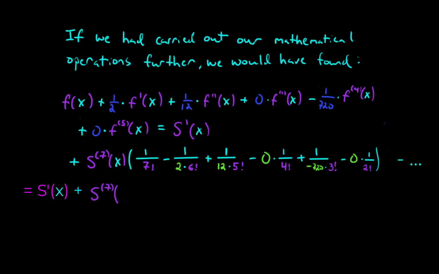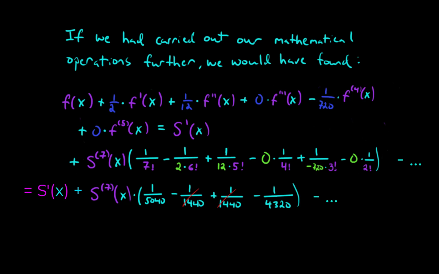So then when we unpack this, this will equal S prime of x plus S7 of x times, open parenthesis, 1 over 5,040 minus 1 over 1,440 plus 1 over 1,440 minus 1 over 4,320, close parenthesis, minus dot dot dot.